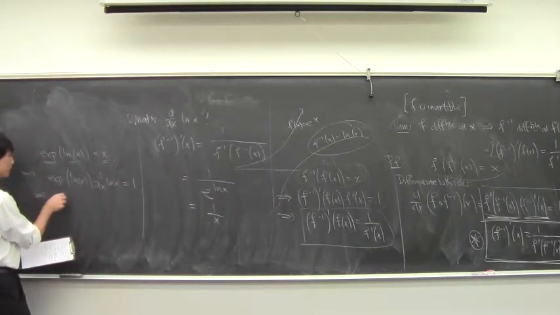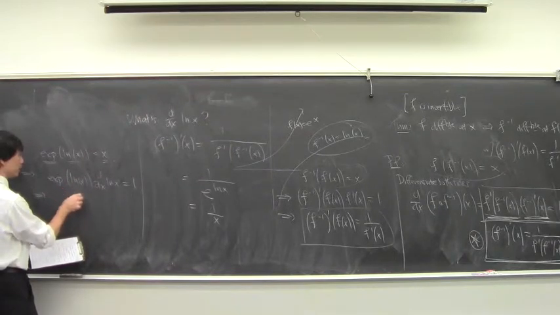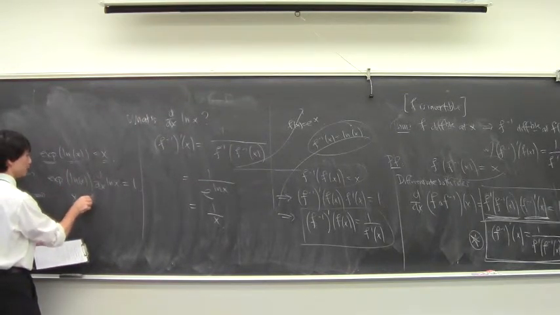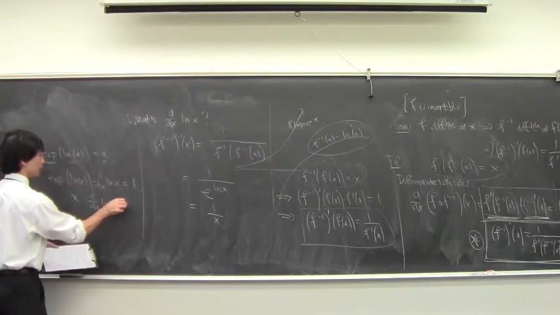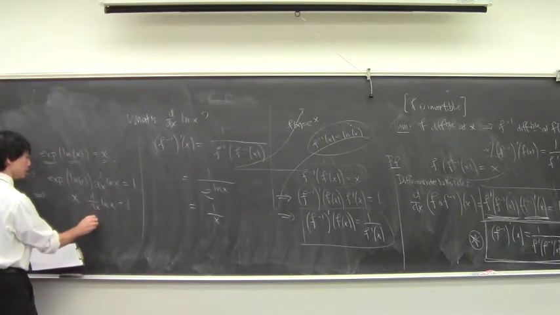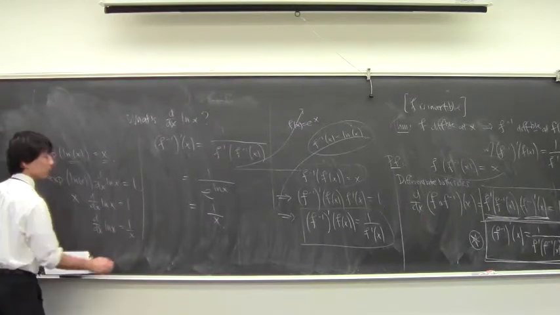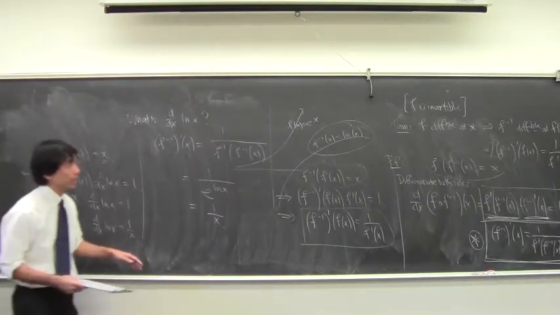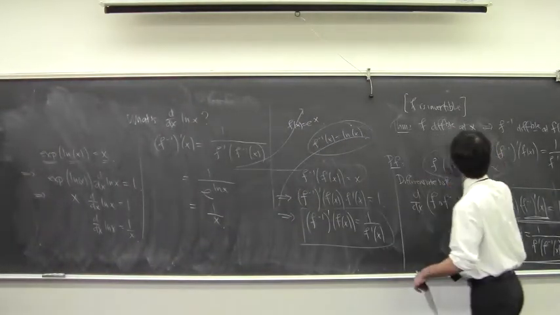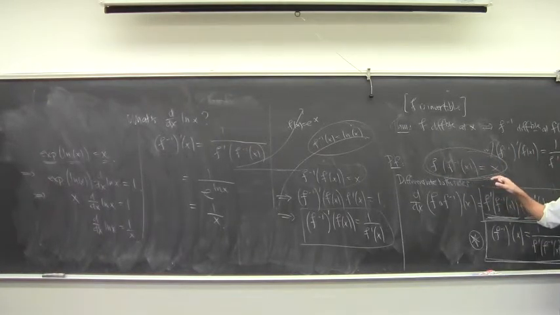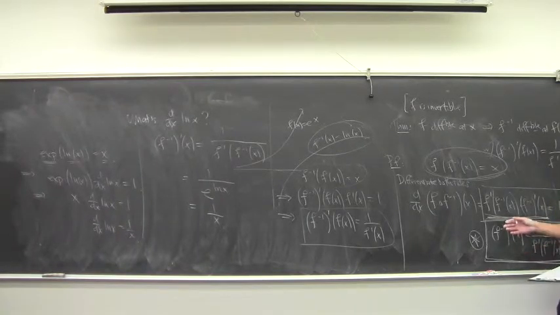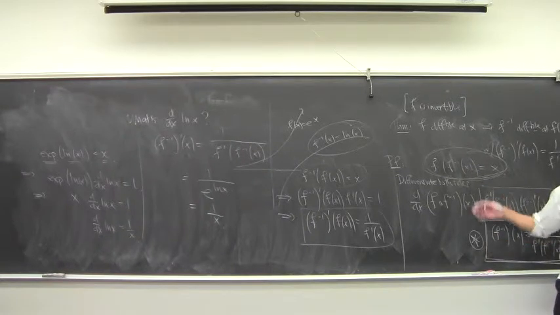So you get x times the derivative of ln x is 1. In other words, the derivative of ln x is just 1 over x. So this is basically starting from here and then just deriving instead of plugging into the formula. Either way, it's the same thing. Either you take the work you've already done or you redo the work.